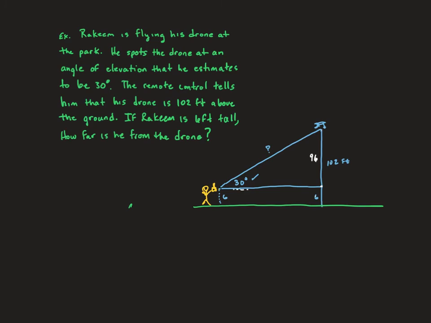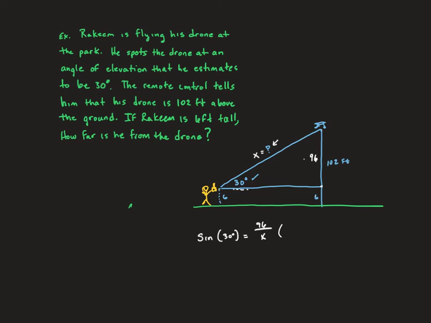So if I want to figure out how far away the drone is, this is my hypotenuse. I'm given the opposite and an angle measure. So the sine of 30 degrees is equal to the opposite, which is 96, over some value x. We'll call that x, and then just do the inverse operation.